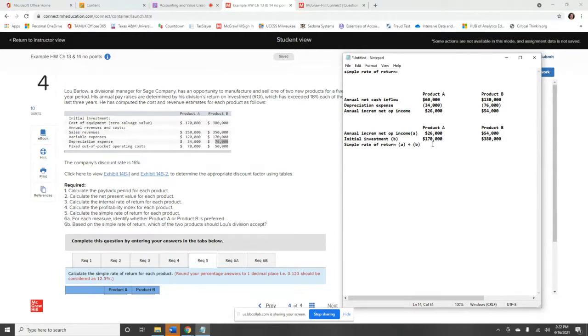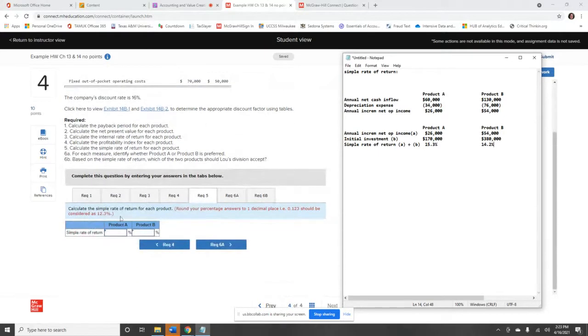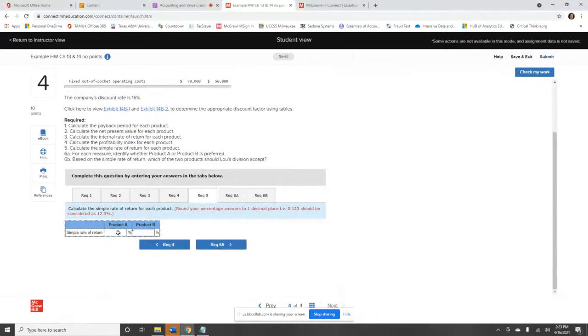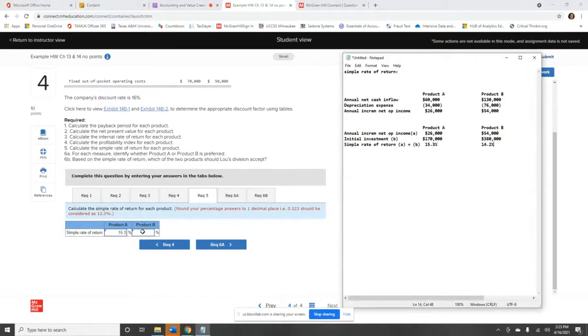So 26,000 divided by 170,000 is 15.3%, or 0.153, and 54,000 divided by 380,000 ends up being 14.2%. And that's the answer here. So for part 5, product A is 15.3, and product B is 14.2.